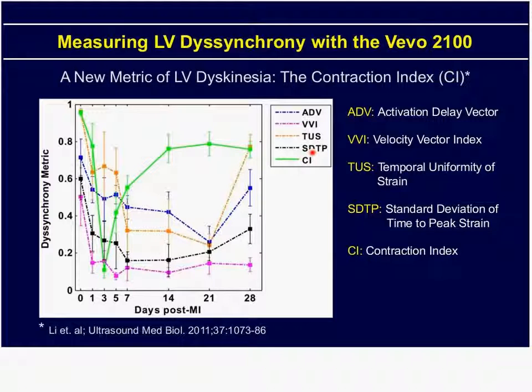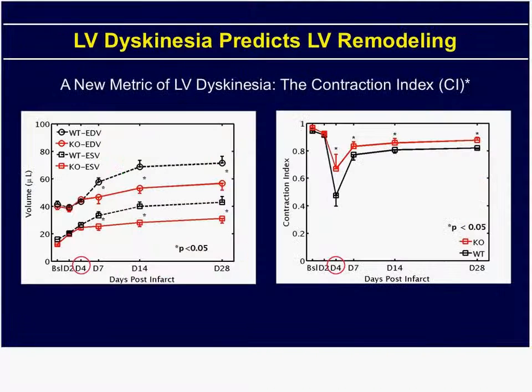Other metrics, such as standard deviation of time to peak strain, are actually preferred for measuring the form of LV dyssynchrony that forms in the viable myocardium later after MI.